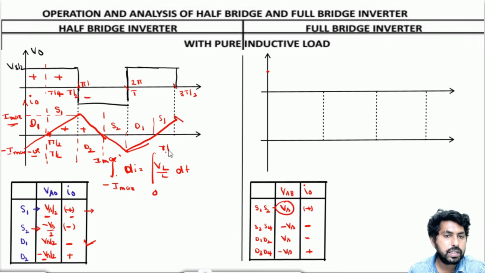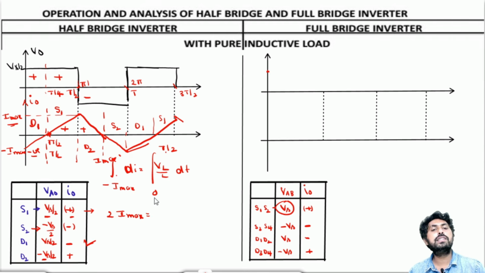If I apply the integration, I will get 2 Imax equal to VL by L into T by 2.